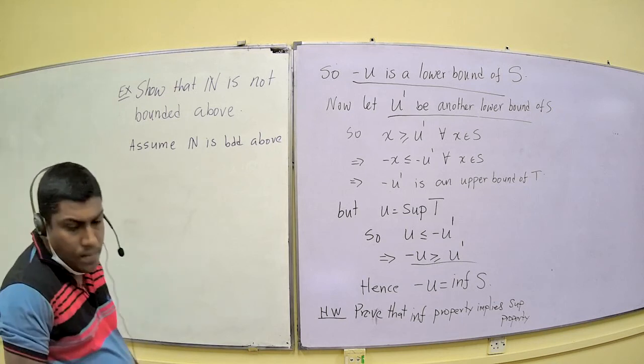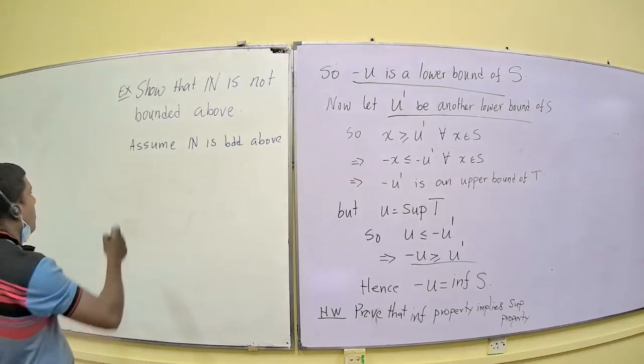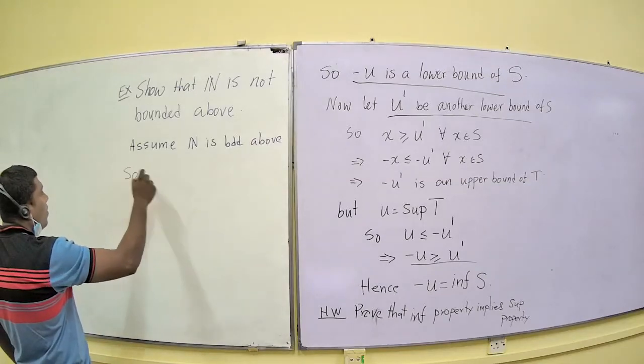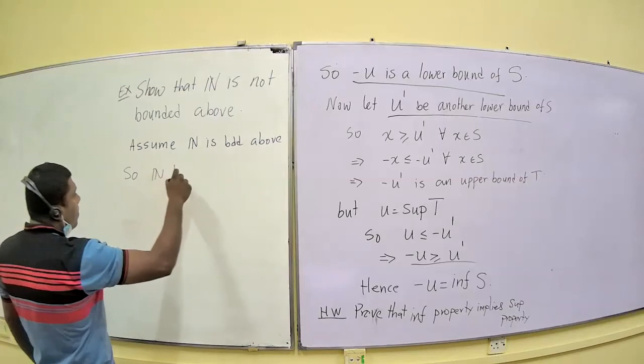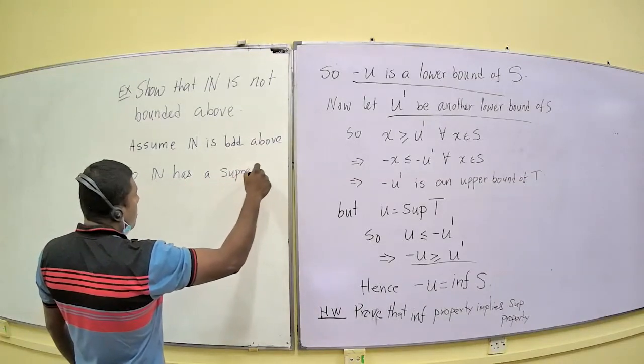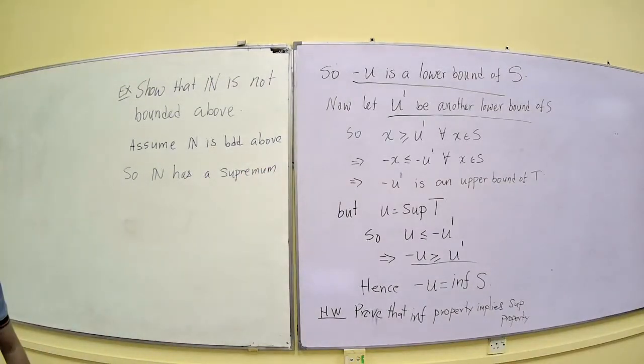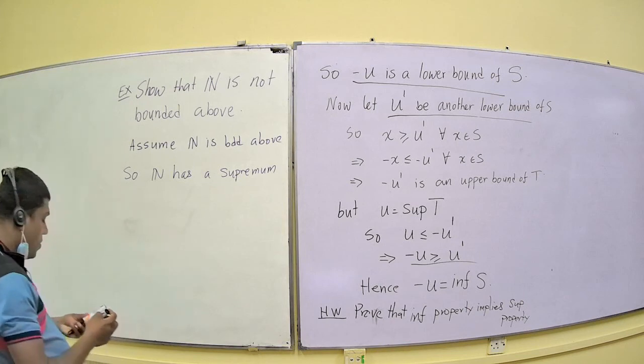So by completeness axiom, clearly N will have a supremum, because we assumed that N is bounded above.